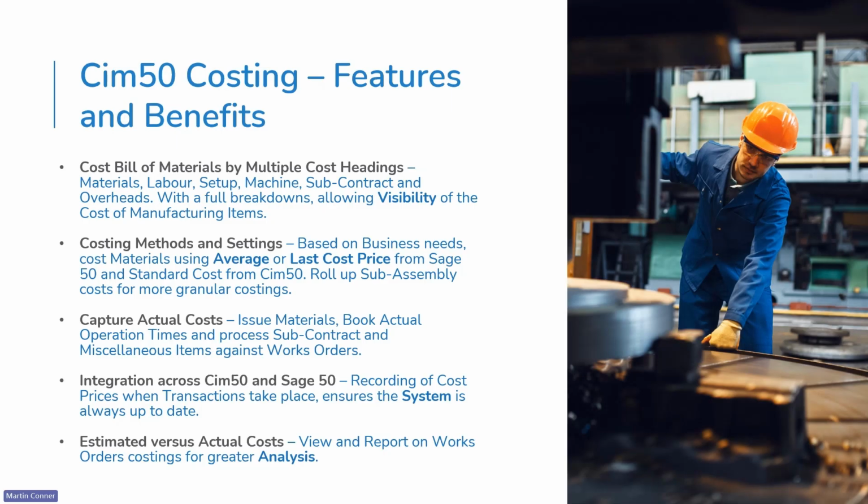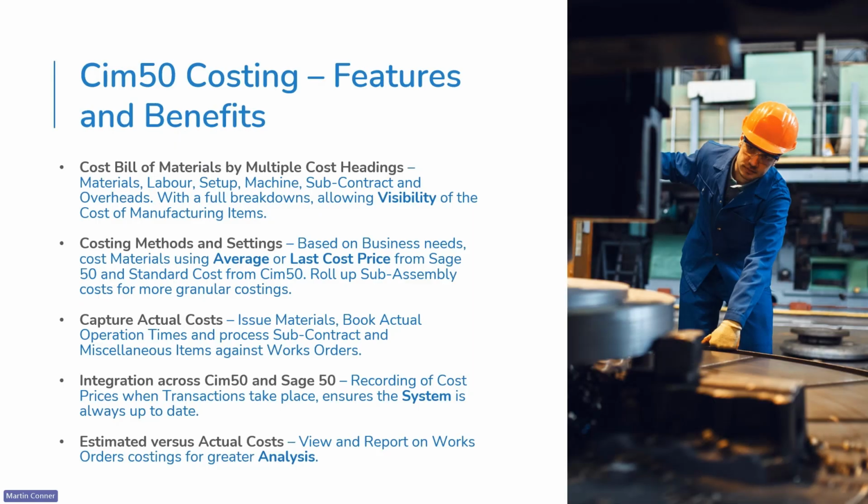From a materials point of view, components, and labour: how much time do we need to allow for an individual, and the cost of that area or that person. Setup time: we may need to set the machine up prior to carrying out that process, and that cost will be amortized across the batch.